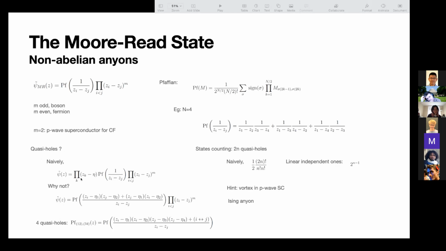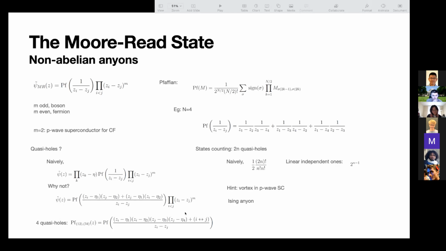We can mess with this Pfaffian coefficient and put this coefficient inside the Pfaffian, and you can see that when eta 1 approaches eta 2, this is proportional to this.